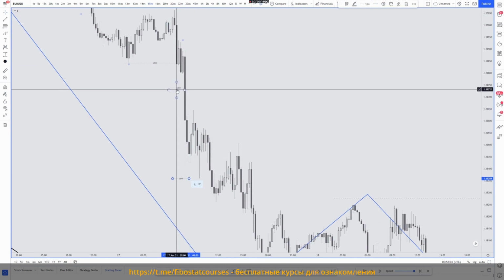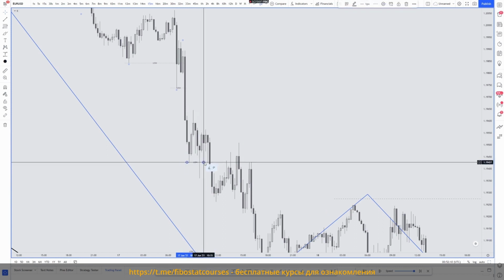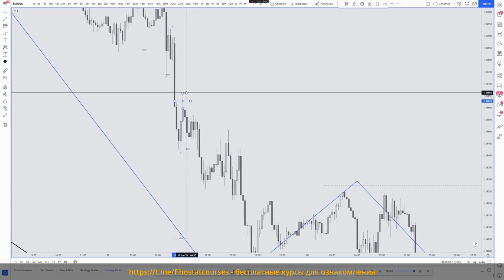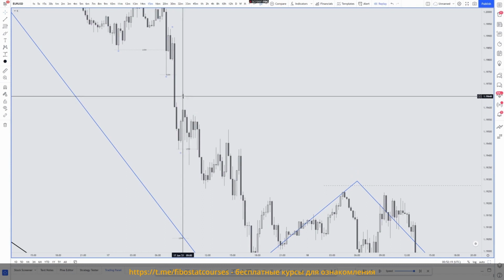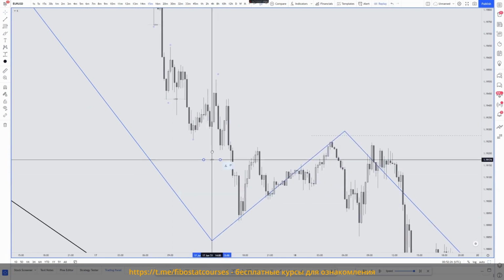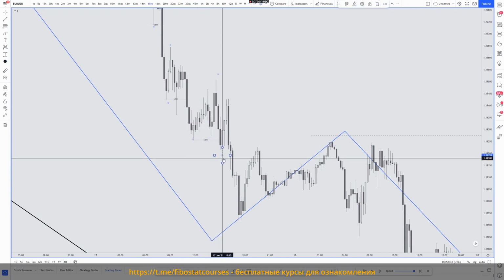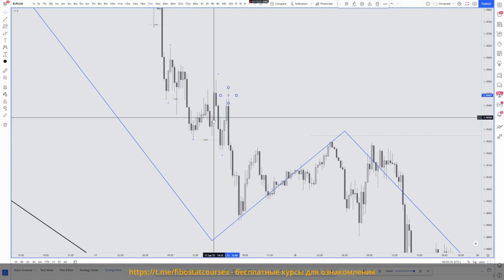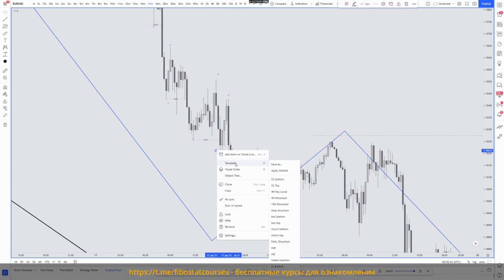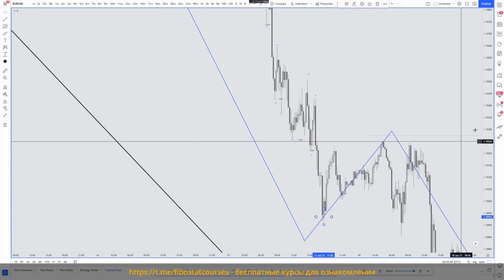The next bit of structure is all the way down here. Once again, you have a pullback. And this is your 4-hour low.